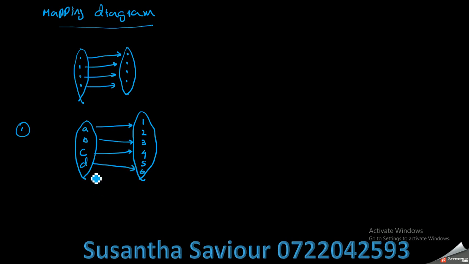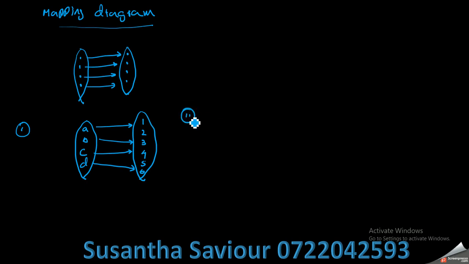This is a mapping diagram, right? This 1 2 3 4 5 6 is called the codomain, and this A B C D is called the domain. This codomain, domain and the range I will explain when we are discussing functions.